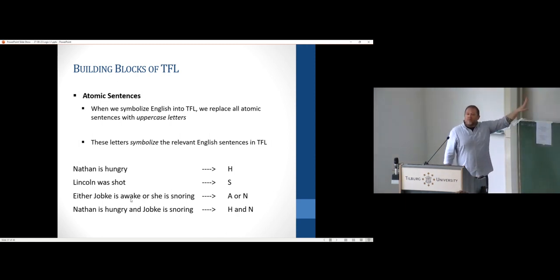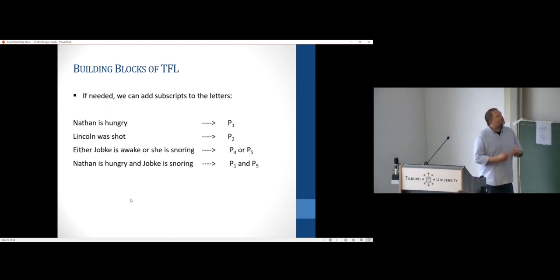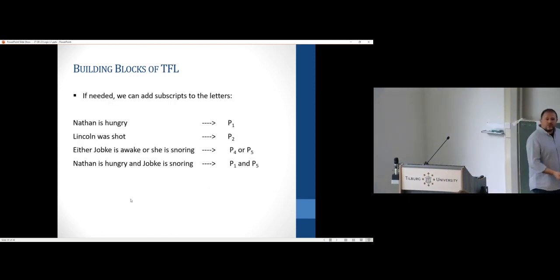Now, as well as doing capital letters, we could, if we want to, also have subscripts, numerical subscripts. This is really only necessary if we end up with sentences where we have more than 26 individual atomic English sentences. I will never ask you anything like that. But it's useful to have the tools to allow our machinery to capture anything.